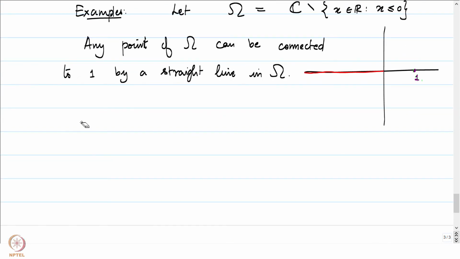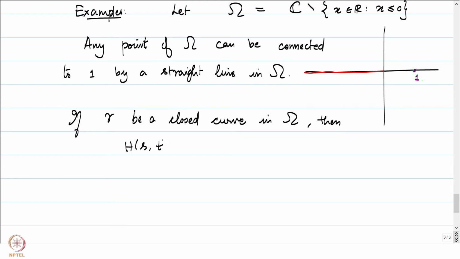So in particular, if gamma is a closed curve in omega, no need for simple, then h of s comma t, which is given by 1 minus s times gamma of t plus s times the point 1, is going to be a homotopy.